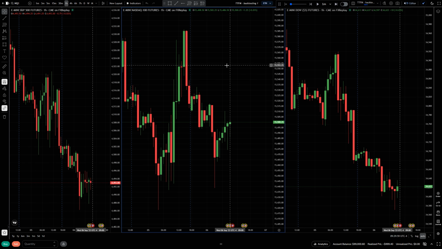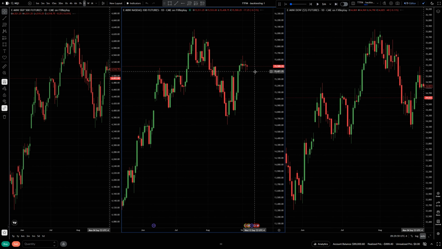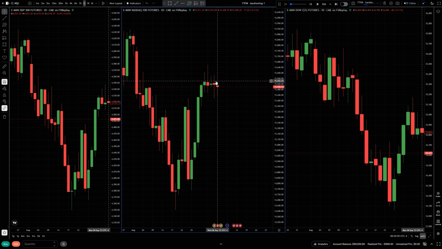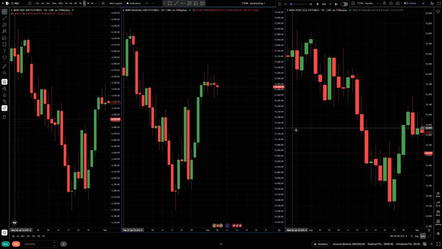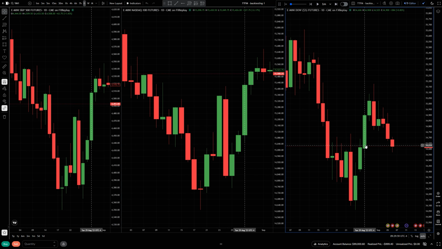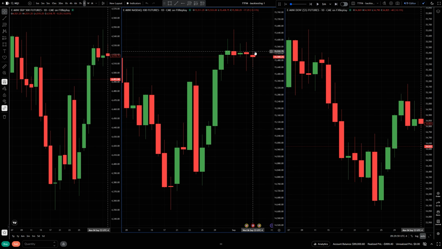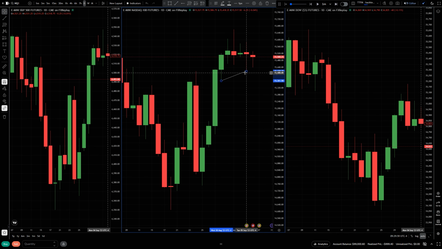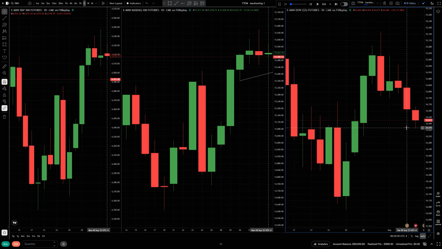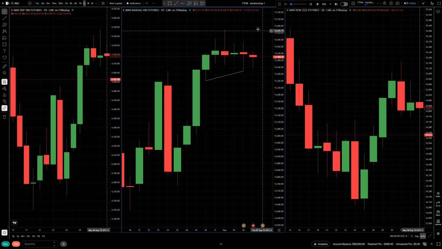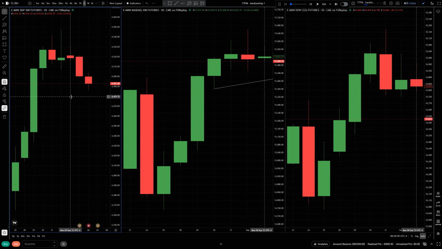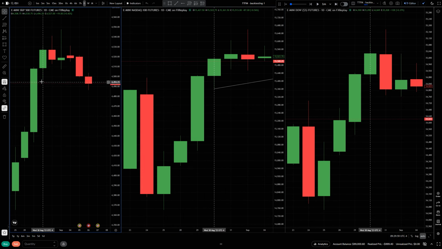So let's see here on the daily chart. What do we have? We have Tuesday closing as a C2. So we still have SMT like this, and then we have also taken out the previous day's low on YM and ES.